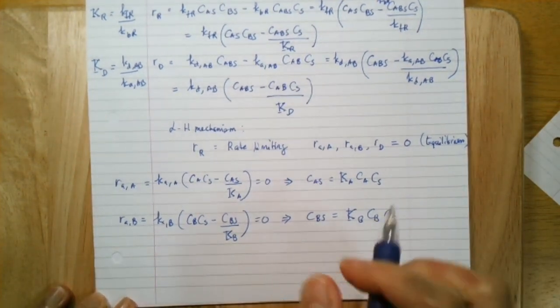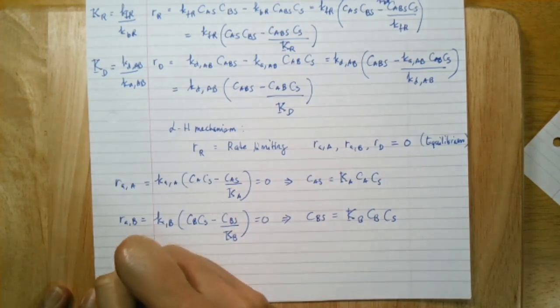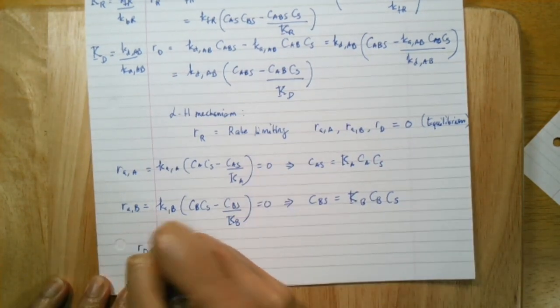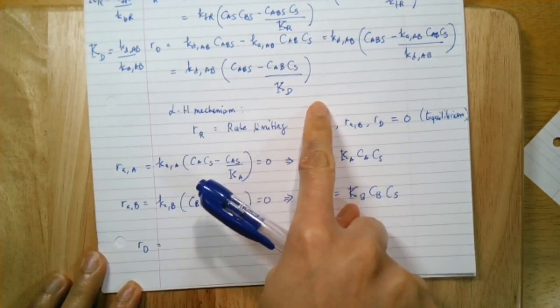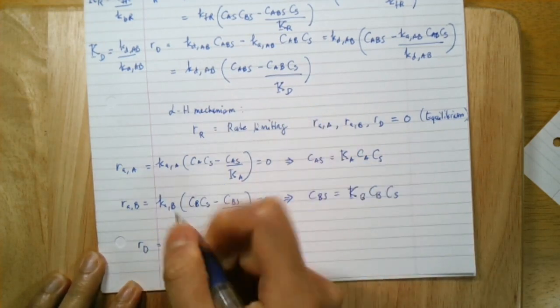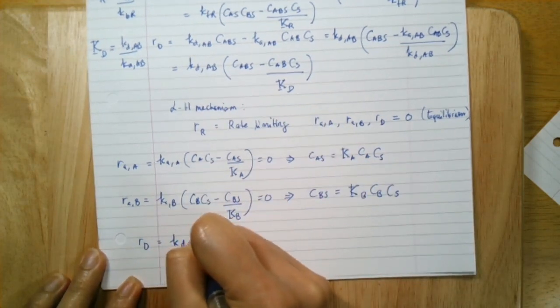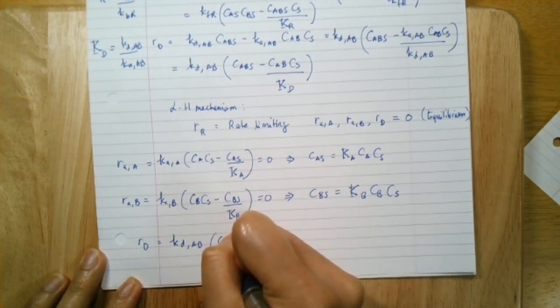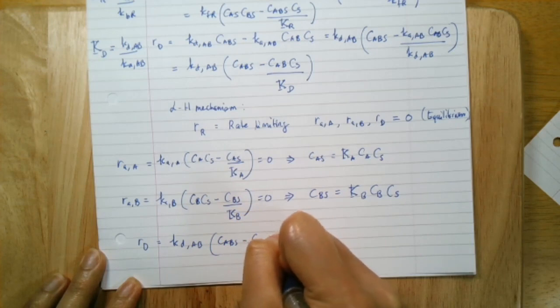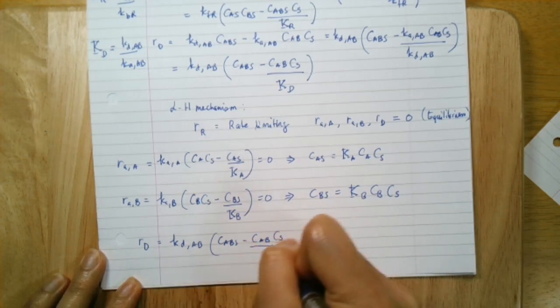And then finally, our RD, rate of desorption, which we wrote this way. So that's KD, AB, CABS, that's CAB, CS, KD.